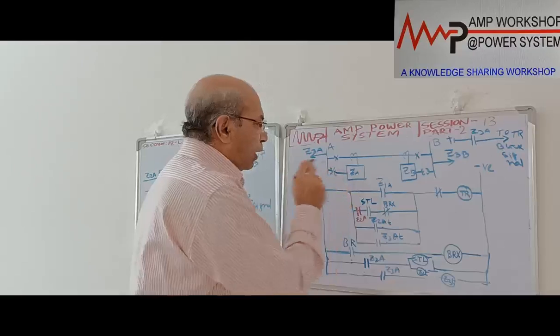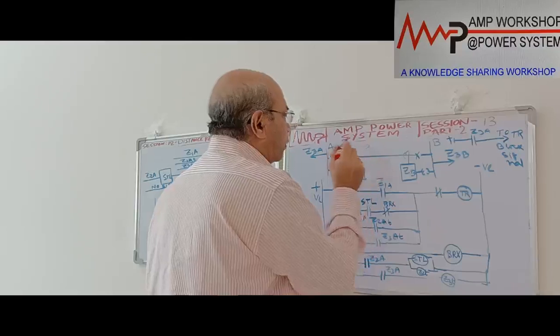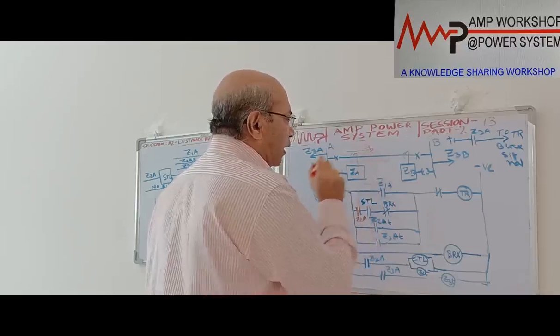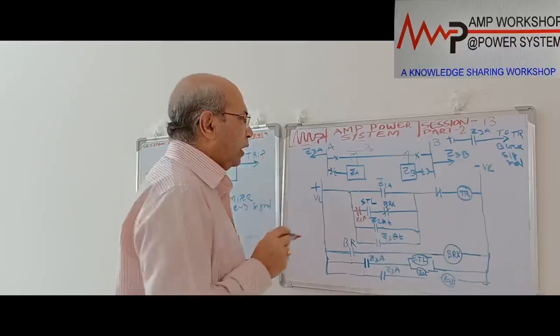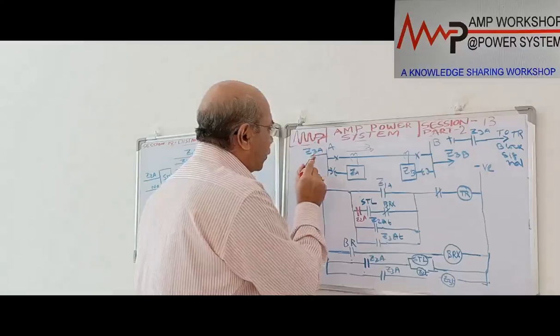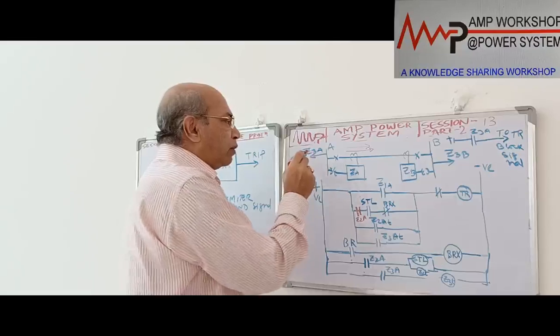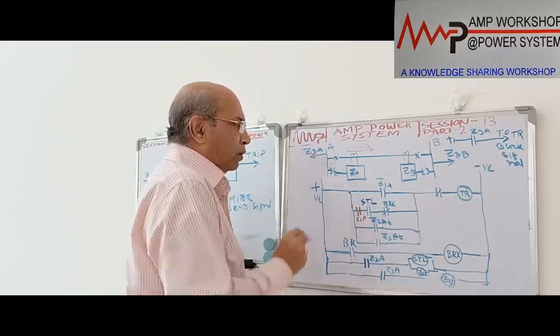Zone 1 element will be looking in the forward direction. Zone 2 element will be looking in the forward direction. But the zone 3 element will be looking in the backward direction. If it is a fourth zone element, we can use zone 4 in this direction. So this is the difference.